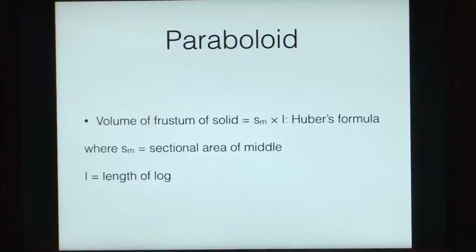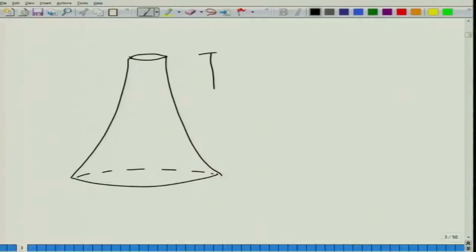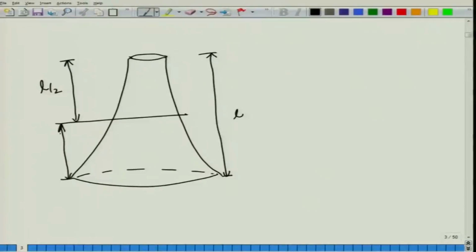So, if we drew our paraboloid, if the length is L, so this much is L. If we take L by 2, we are dividing it into two parts. So, this one is L by 2 and this much also is L by 2. So, this is the middle point.